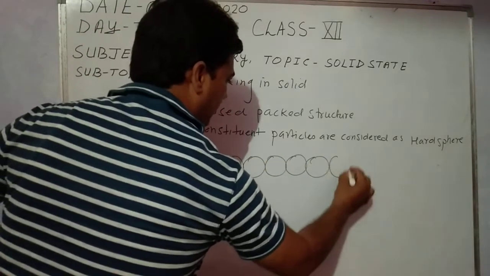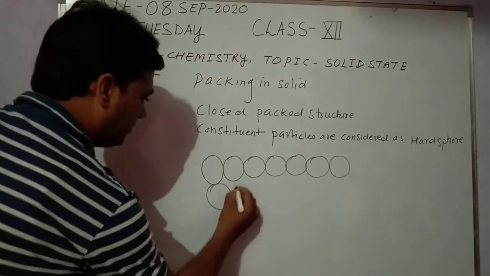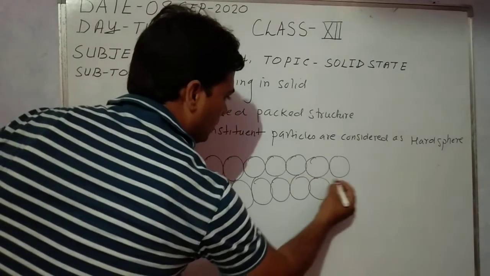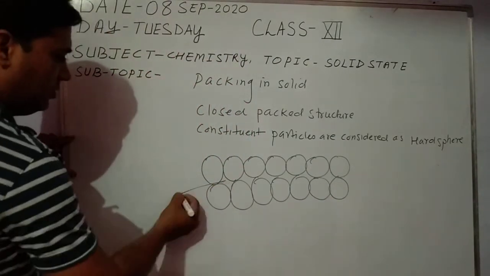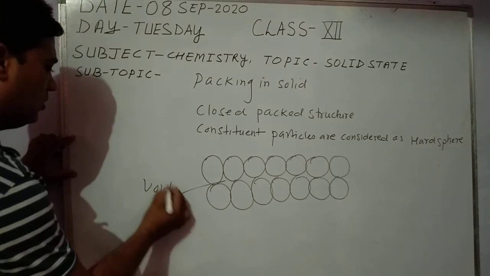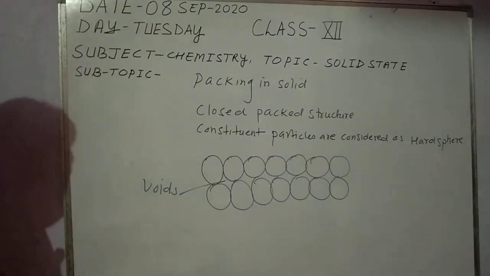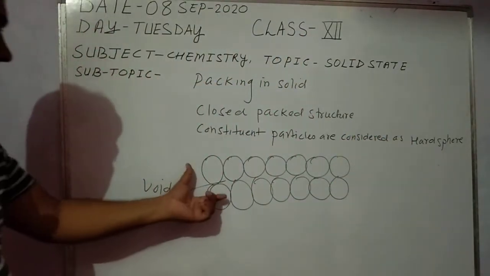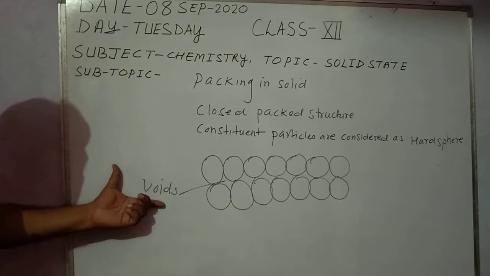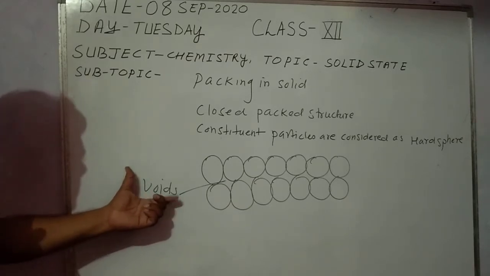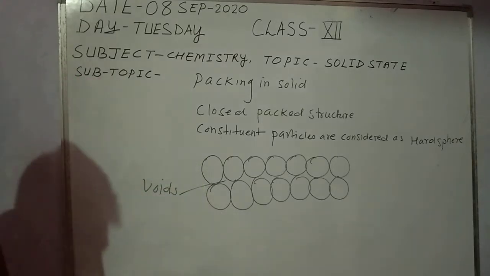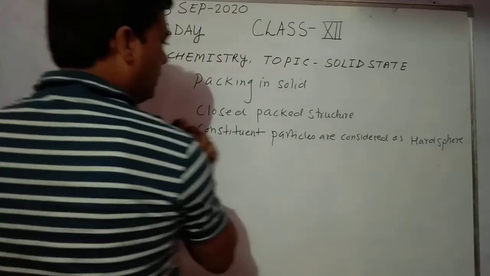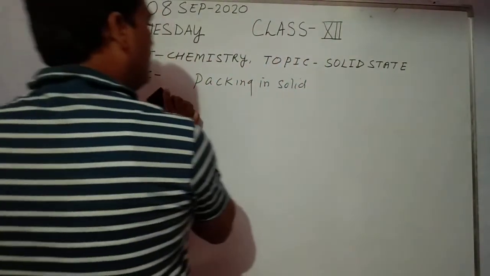They are considered as hard spheres, leaving a minimum vacant space, which is known as voids. So, in solid, there is close packing in one dimension, close packing in two dimension, and close packing in three dimension.